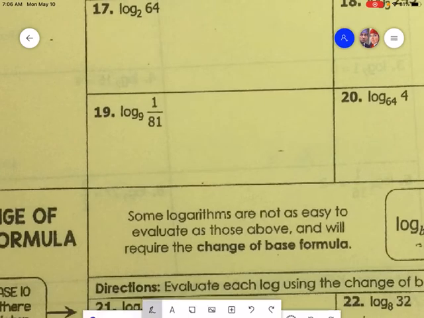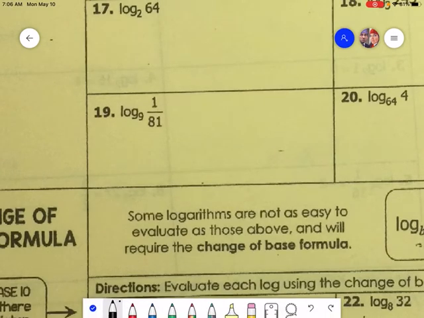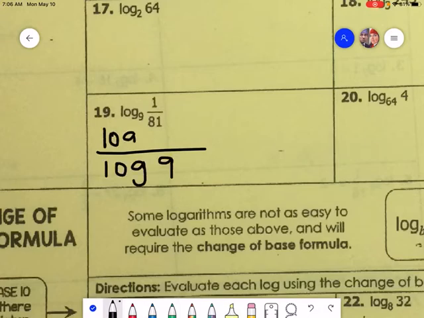Okay, so number 19, we're going to split this. Which one's going to go on bottom, the 9 or the 1 over 81? The 9, because the base always goes on bottom. So log 9 on bottom, and on top we're going to do the log of 1 over 81, which sounds like it's going to get crazy, but let's see.